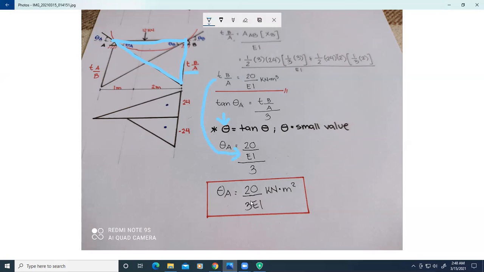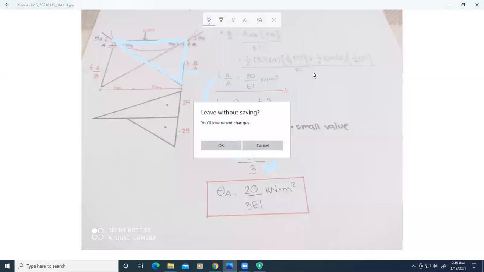That will give us 20 over 3EI kilonewton meter squared, because in the meter cubed, a meter cancels, so meter squared.